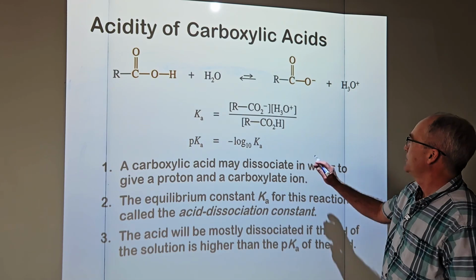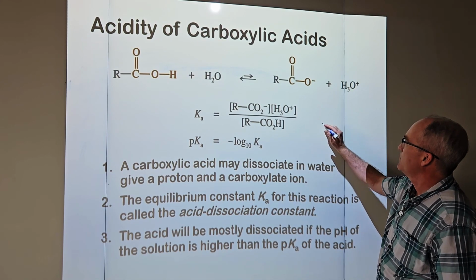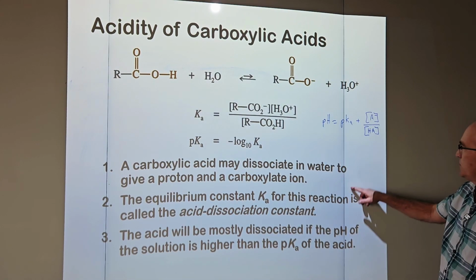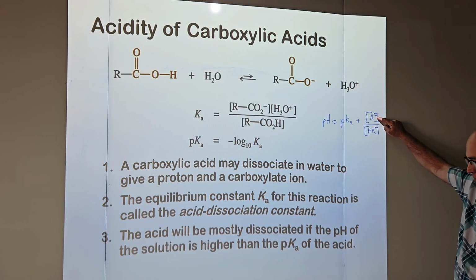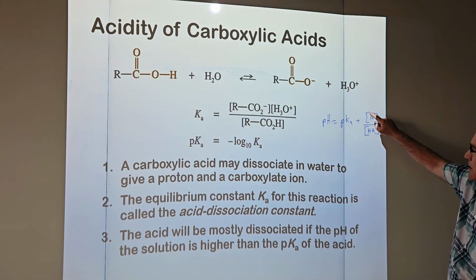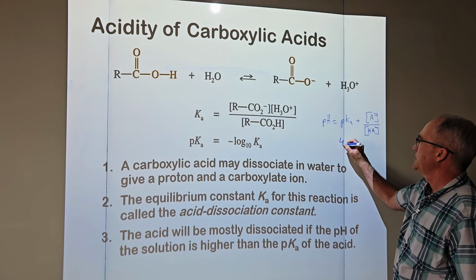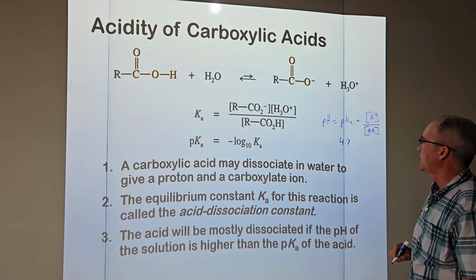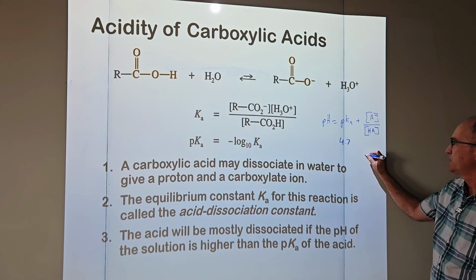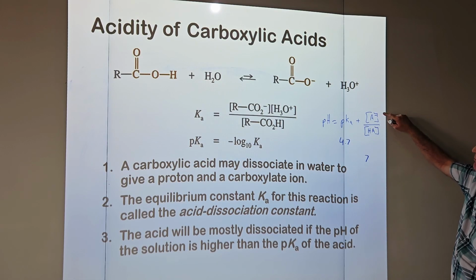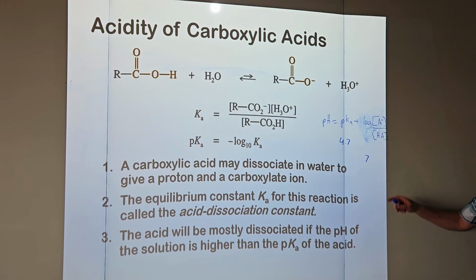Of course, that reminds me of my favorite form of this equation. Let's think about this. Mostly dissociated in this form if the solution has a higher pH. So acetic acid, something kind of like that. So if I'm at a pH of 7, it's got to be this form.